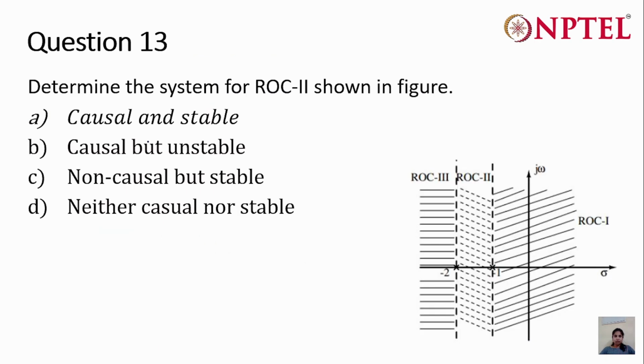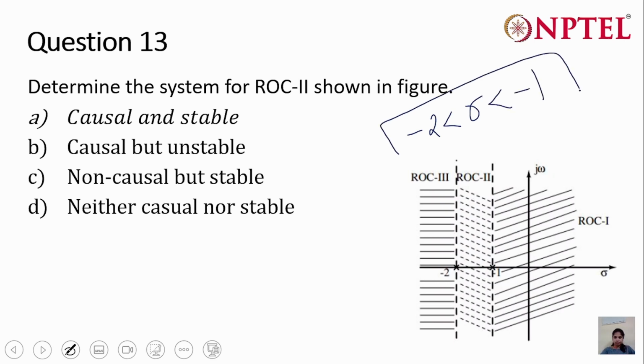Okay. Now determine the system for ROC 2, that is minus 2 less than sigma less than minus 1. What is the kind of system? Neither causal nor stable.